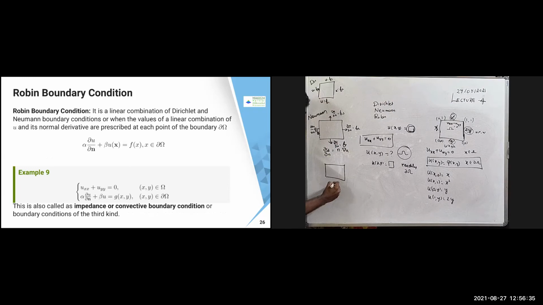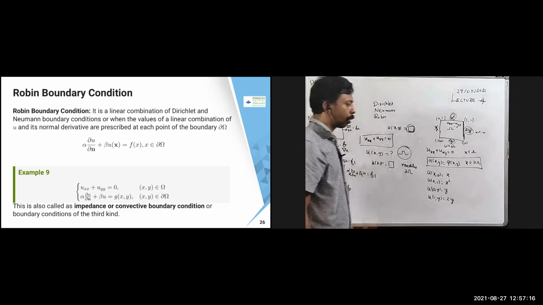So alpha 1 ∂u/∂n plus beta 1 u equal to f1, alpha 2 ∂u/∂n plus beta 2 u equal to f2, alpha 3 ∂u/∂n plus beta 3 u equal to f3, and similarly alpha 4 ∂u/∂n plus beta 4 u equal to f4. Then this is called Robin boundary conditions. I'm just taking a linear combination of these two.